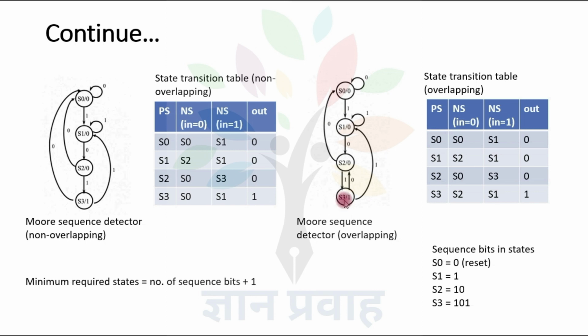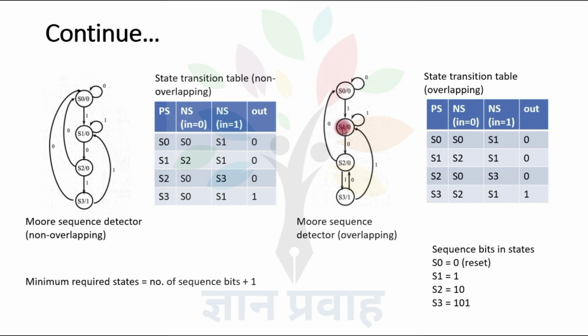At state S3, on input 0, we move to the S2 state because S2 represents 10 and here the last bit is 0. But when we receive 1, S1 represents 1 and this one can be overlapped here, so the next state will be the S1 state.